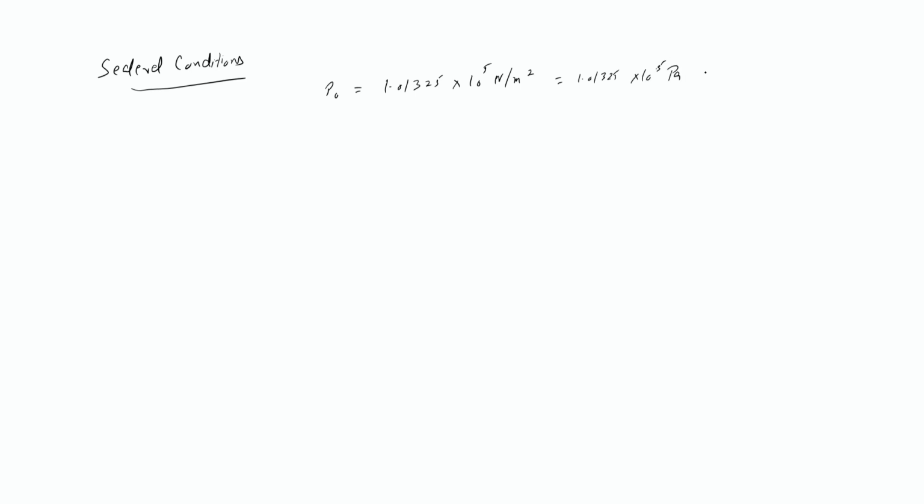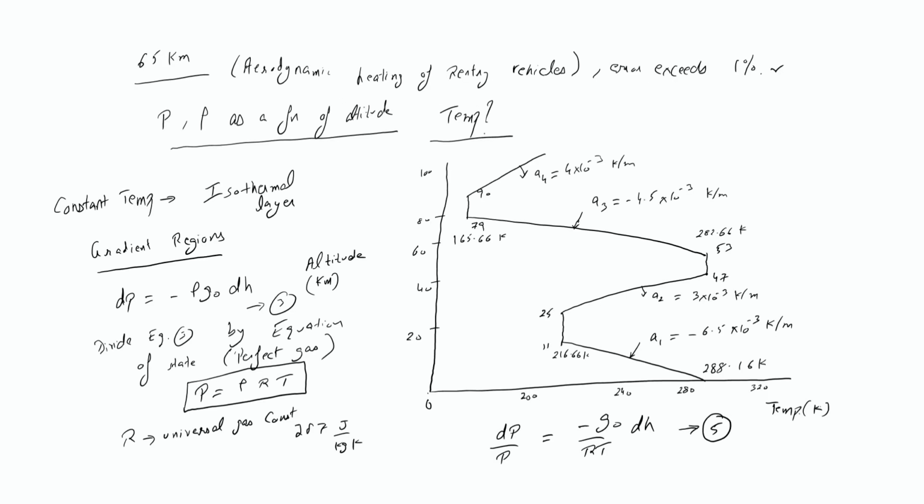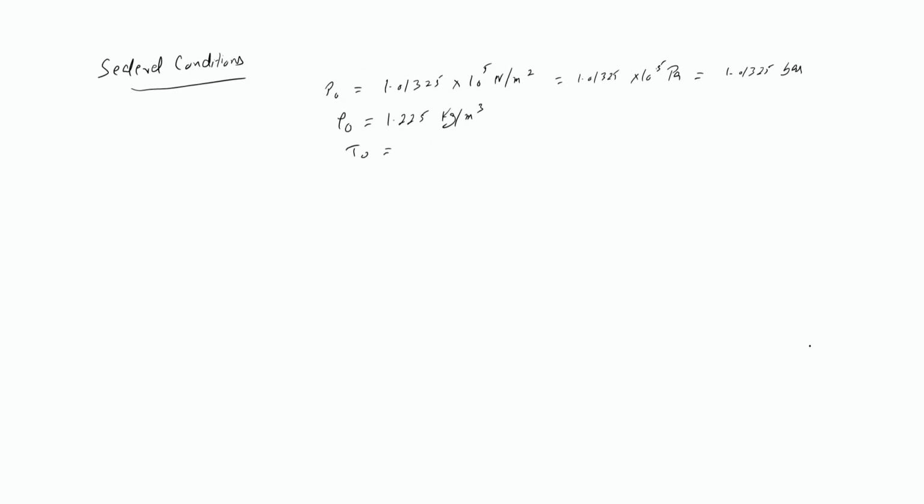We know 1 pascal is 1 newton per meter square, and in terms of bar, you can write 1.01325 bar. Similarly, density at sea level is 1.225 kilogram per meter cube. And the temperature at sea level, as already mentioned, is 288.16 Kelvin. So always remember at least the sea level conditions.